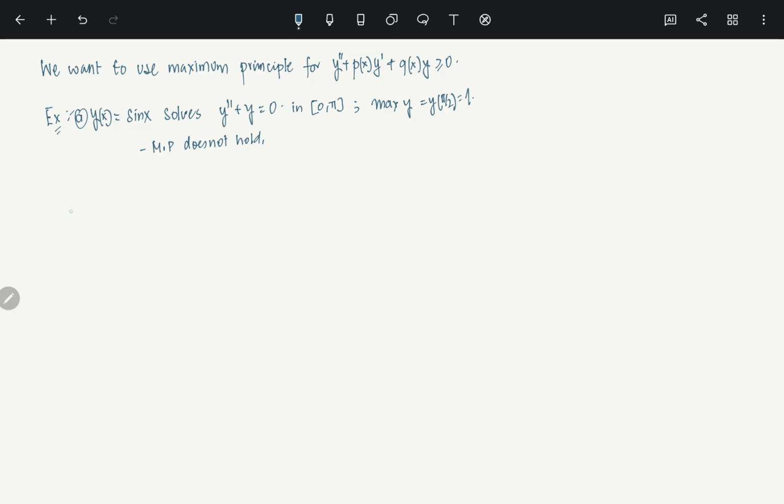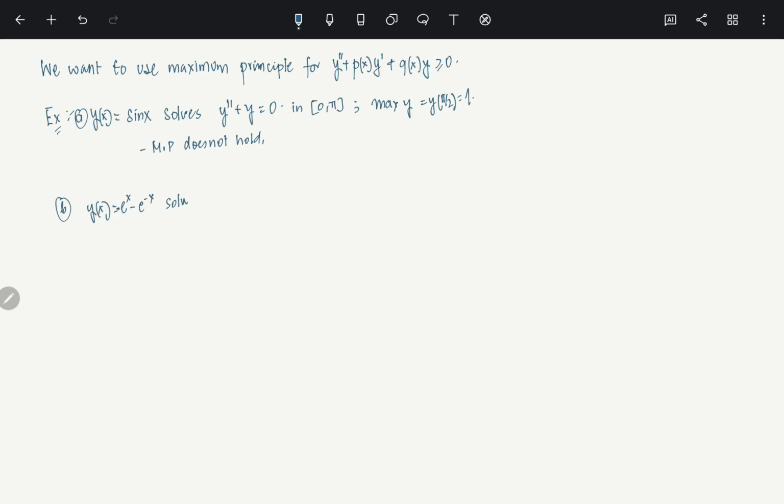Let's say you change the equation and take y of x equals e to the power x minus e to the power minus x.